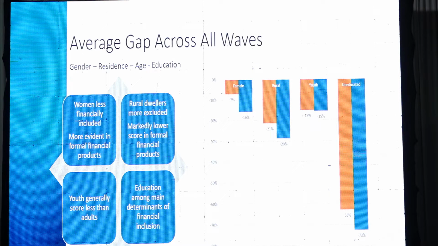And finally, if we look at education as a characteristic, the uneducated population score considerably less compared to the population with tertiary education, with this gap decreasing as the level of education increases. This large gap, which we will see also in other results, seems to indicate that education is a strong determinant of financial exclusion.